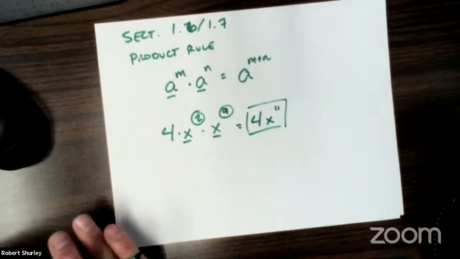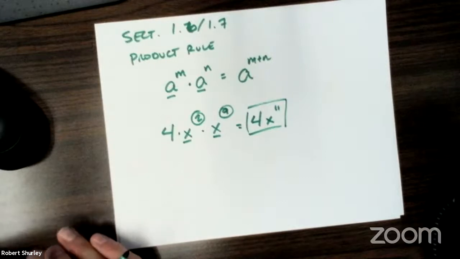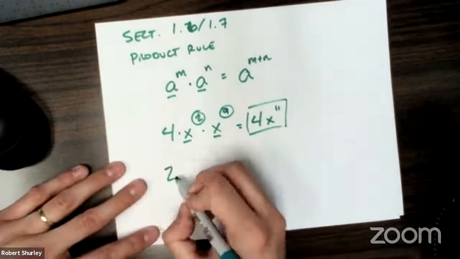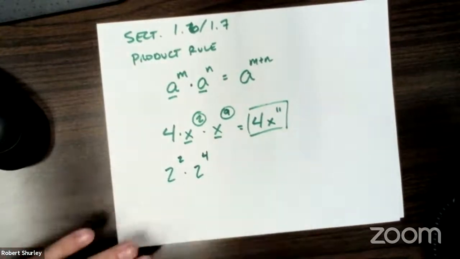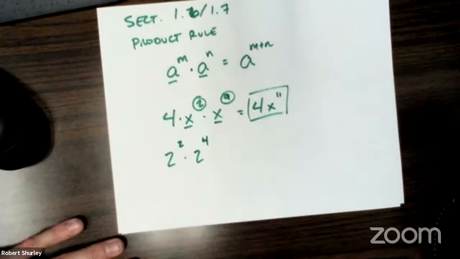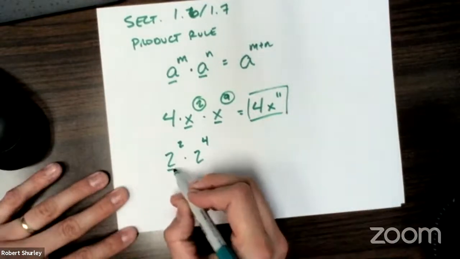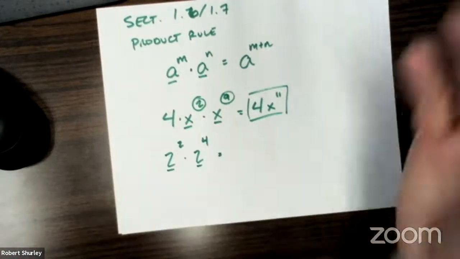Now be careful, sometimes this is hard to see because the base might be a number. So if we had something, I think your book does something like, let's say 2 squared times 2 to the 4th, okay? 2 squared times 2 to the 4th. Well, the base is 2 here, and we have this kind of pattern recognition.